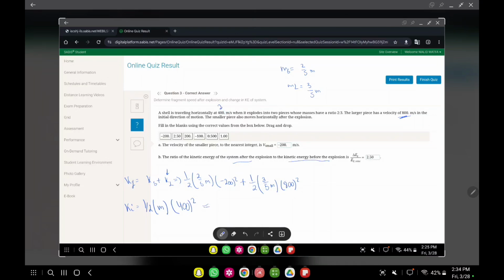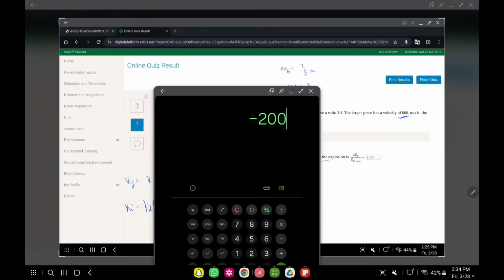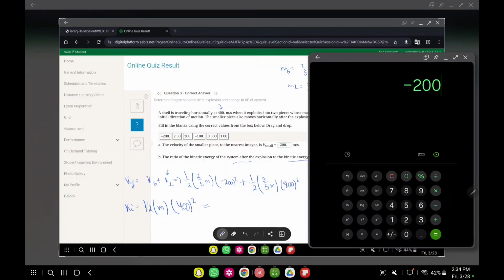All you have to do now is just calculate this. You can ignore m in this calculation, that's completely fine, but I'm just going to keep it. Anyway, 0.5 times 0.4 times 200 squared plus 0.5 times 0.6 times 800 squared.